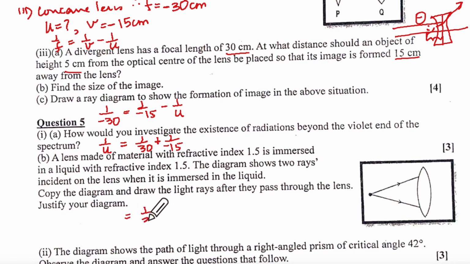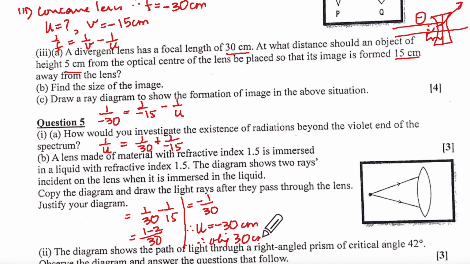That will give us 1 upon 30 minus 1 upon 15. 30 is the LCM, 1 minus 2, which is minus 1 upon 30. Therefore, u is equal to minus 30 centimeters. Therefore, the object is 30 centimeters in front. That minus means in front of the lens.